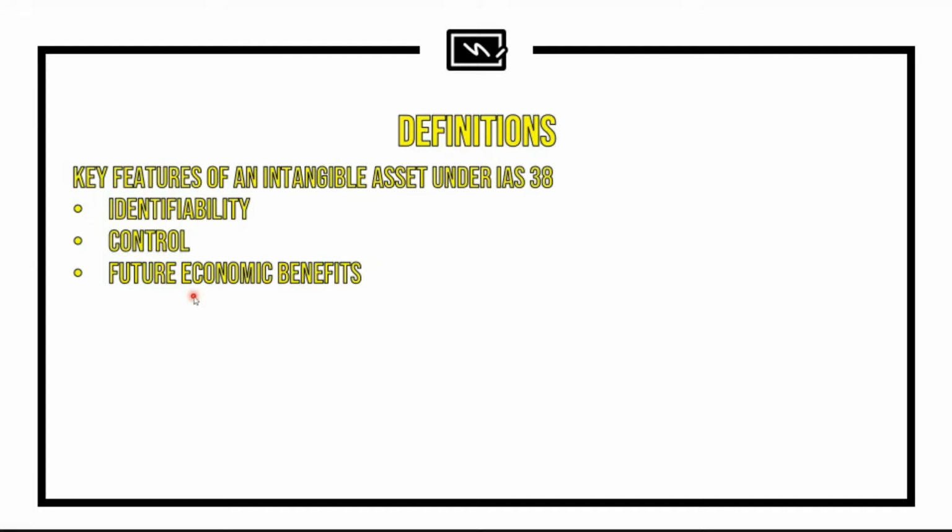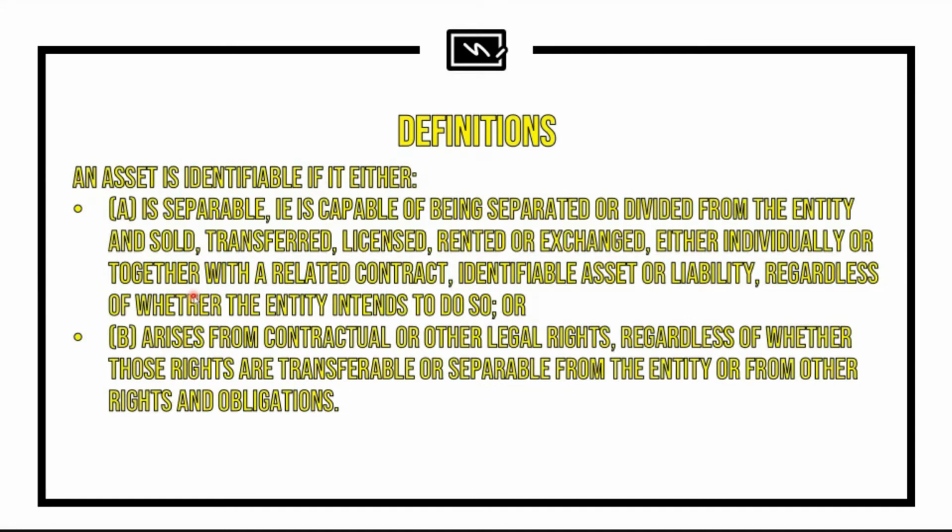And identifiability is now the concept that distinguishes intangible assets covered by IAS 38 and intangible assets not covered by IAS 38. So let us first discuss the concept of identifiability.